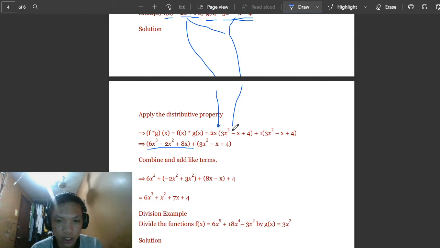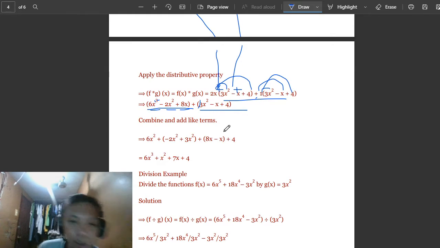So if ma-solve na to siya, 2x times 3x squared, kay plus raman na to ang power, so x cubed, then 2 times 3 is 6, then 2x times 4x is 2x squared, tapos 2x times 4, then 8x, tapos plus operation na to. So next is 1, so i-copy lang nimo kay times 1 naman na tanan, then combine and add like terms.